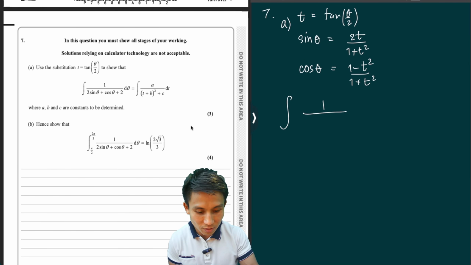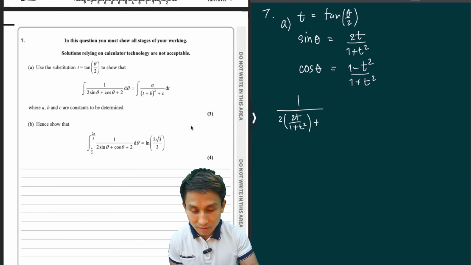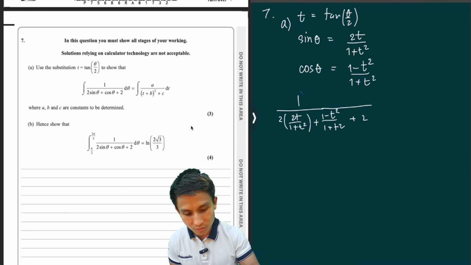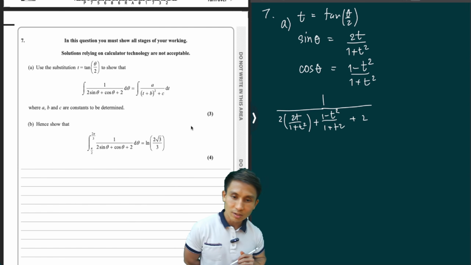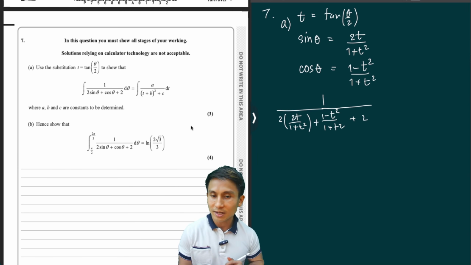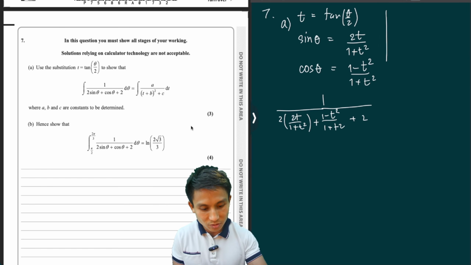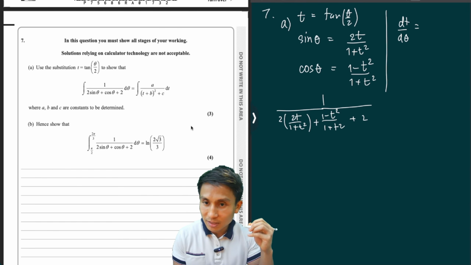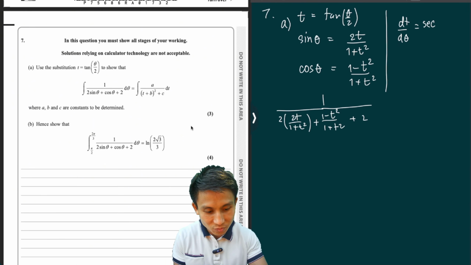So the integral of 1 over, I'm just going to write 1 over 2 plus sine, substituting sine already here, plus a cos, and then plus 2, d theta. Okay, we also need to do differentiation for the t. So dt by d theta is going to be, differentiate tan, you get a sec squared, and it's going to be a half as well because you have a chain rule.